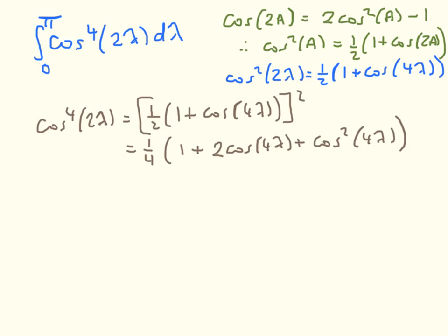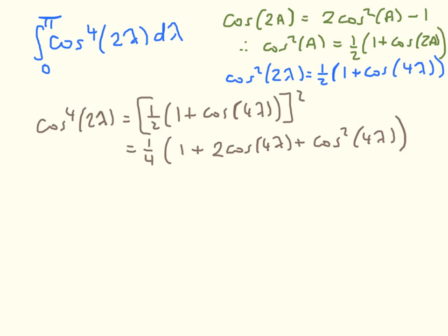Looking at this, integrating 1 is easy. Integrating the cosine of 4 lambda is also standard, and integrating cosine squared of 4 lambda, well, why don't we go back to this identity and use it again, but now with a being 4 lambda, so 2a will be 8 lambda.